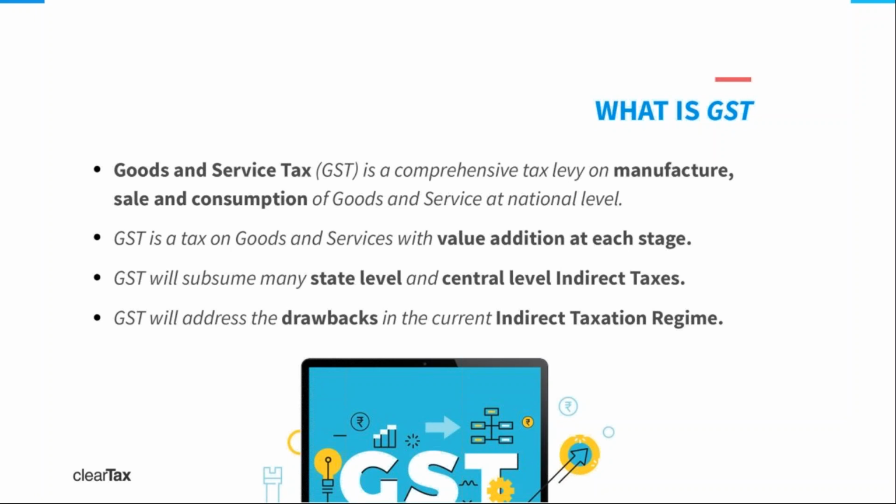All these indirect taxes have different regimes, and businesses who are under multiple segments, dealing in goods and at the same time providing services, are required to register and comply under multiple tax regimes, and this eventually raises their compliance cost. So GST is a comprehensive tax, and it is going to subsume a wide range of central and state level taxes.